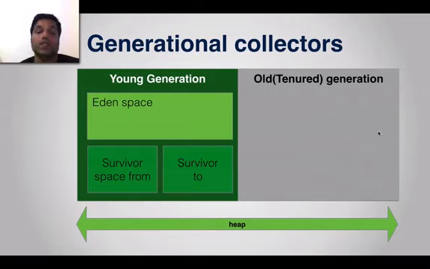In this slide, we saw a couple of very important points. One is the division of the heap into young and old generation, and another is minor garbage collections that run in the young generation, and major garbage collection that runs across the heap. At the same time, you should be aware that any garbage collection, minor or major, is called stop the world garbage collection. So both are stop the world.